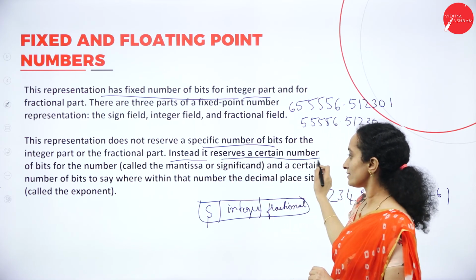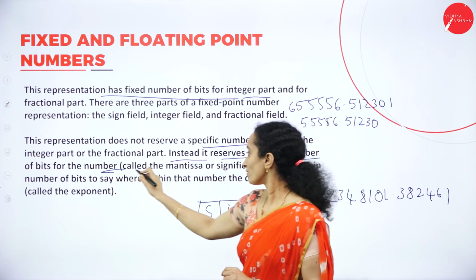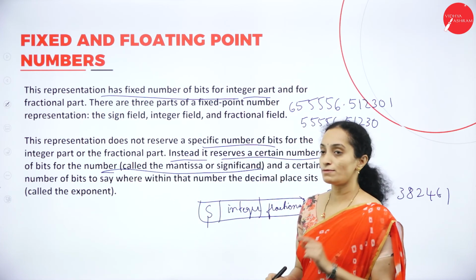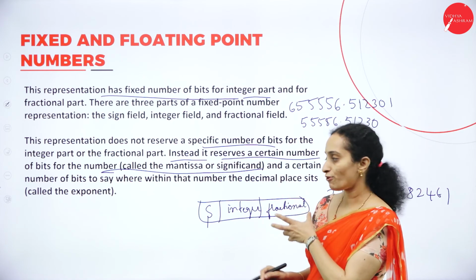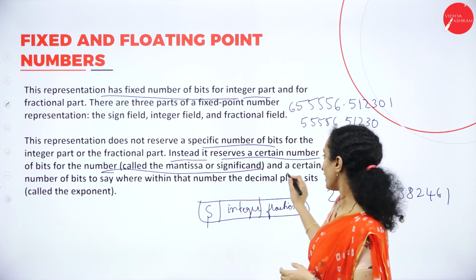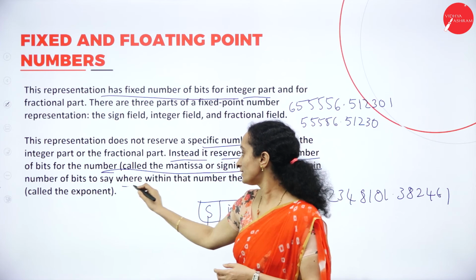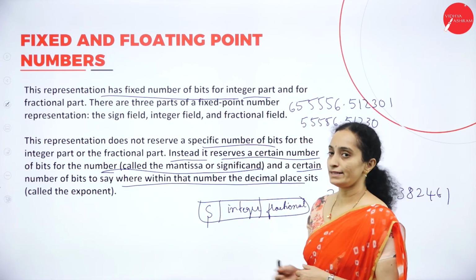Instead, it reserves a certain number of bits for the number called the mantissa or significand, and a certain number of bits for the decimal places.